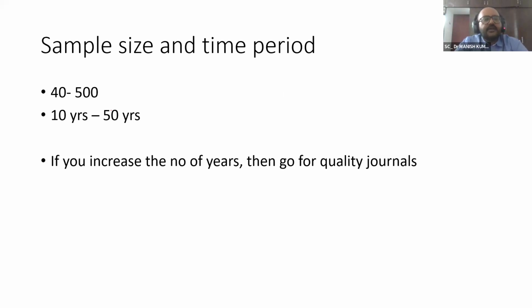Okay, so the sample size for bibliometric research. See, bibliometric analysis is a totally different type of literature review. Other than systematic literature review, a lot of things are done by the machine itself in bibliometrics, so you can take more papers.